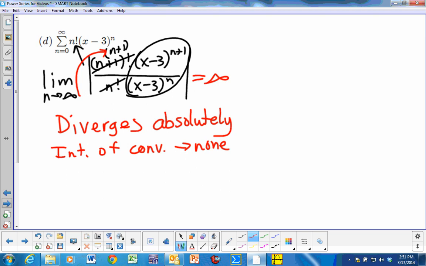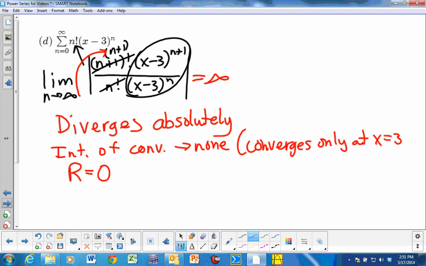It converges only at x equals 3, and then the radius of convergence is 0. So there's no interval of convergence, so to speak. It's only going to converge at x equals 3. So we can even write that. Converges only at x equals 3. So this is only going to work if you're right at the center and nowhere else.